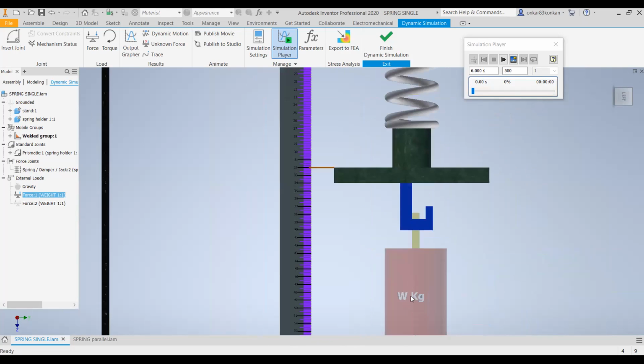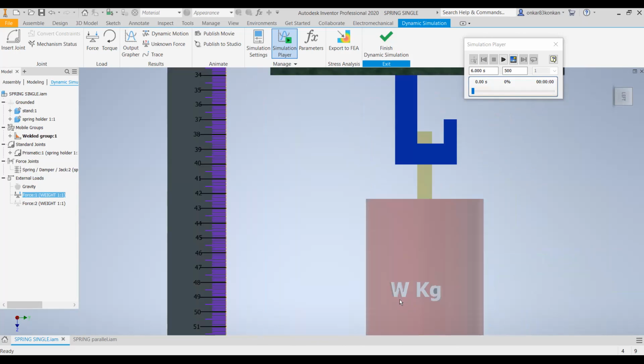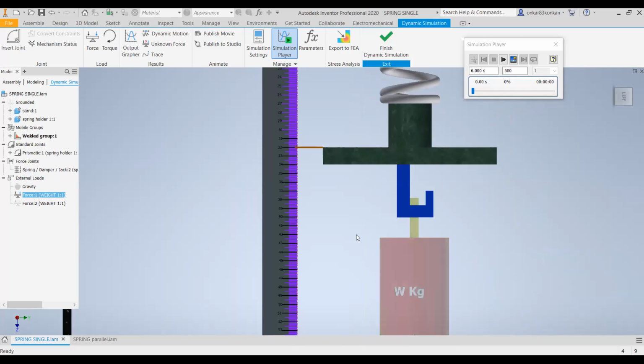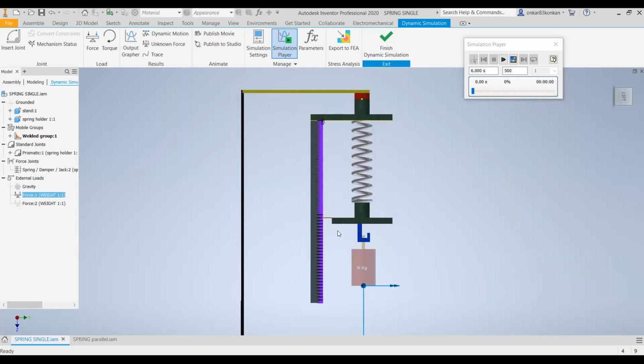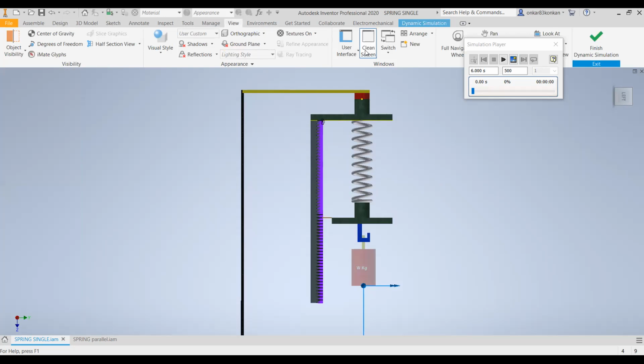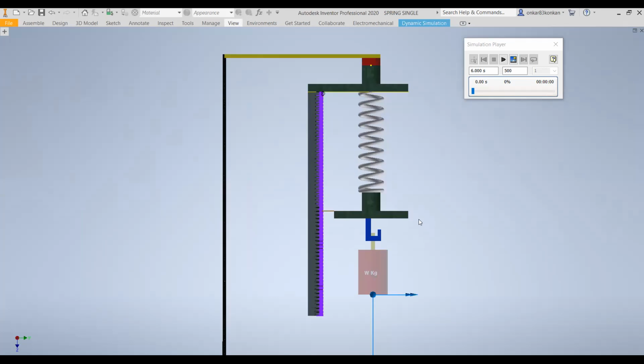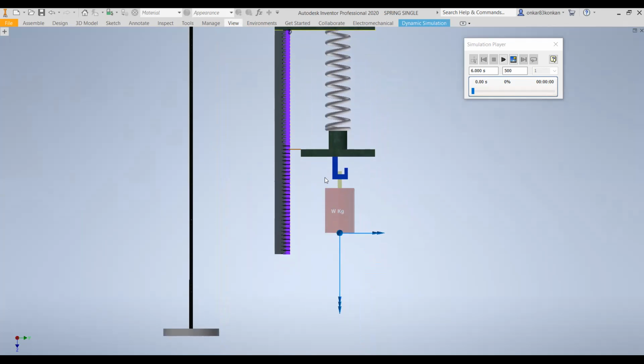I have just written W here, but actually it is 3 kg. Now I will simulate. You can observe the static deformation because of the 3 kg. Just observe here, this pointer will move in the downward direction.